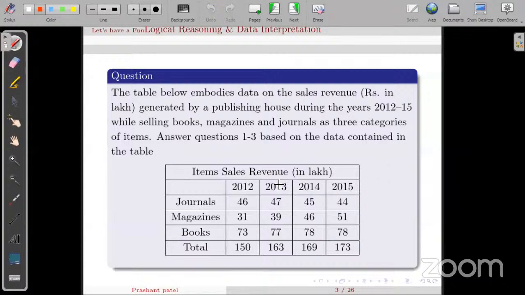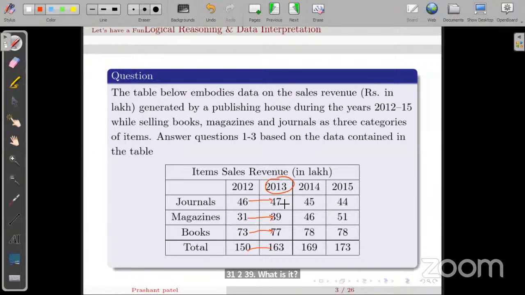Suppose I am just looking at 2013. Okay, in year 2013, the overall sale is increasing from there to there, but here you can see that from 73 it will reach 78, 31 to 39, 46 to 40. So here there is an increase.